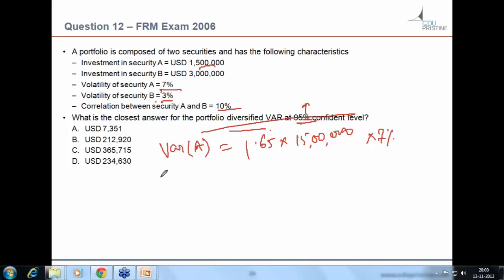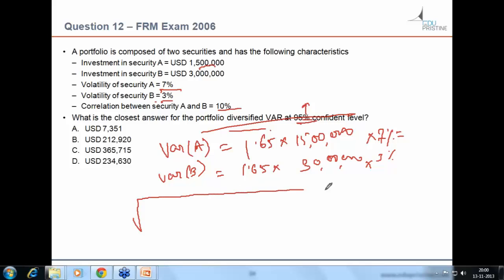And we have VAR of B, that is 1.65 into 30 into 3%.